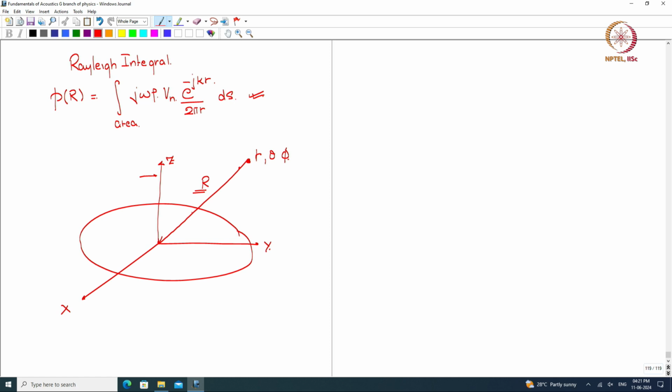So in terms of Cartesian coordinates, its x location is, we are measuring theta this way. So let us say it lands here. So it is r sin theta, and let us say we are measuring phi from the x axis.